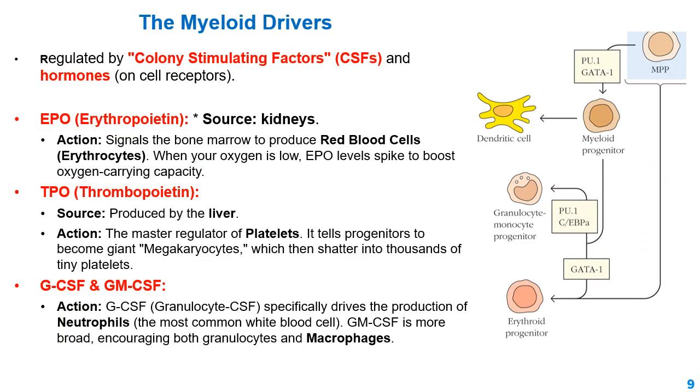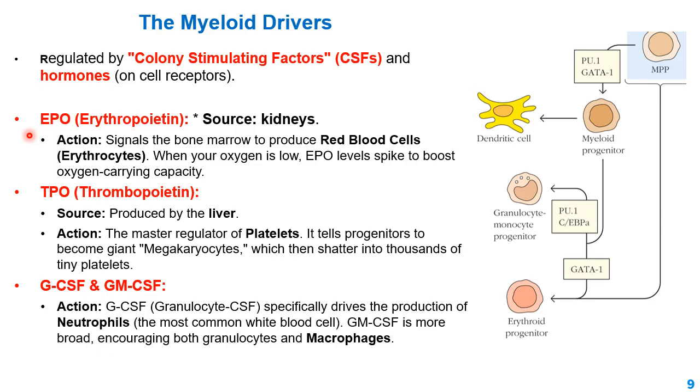Now let's say that this MPP cell wants to take the myeloid path. What's going to happen here in the bone marrow is that you have further messages that got there because they came from the blood. Some of these messages are hormones. So what is a hormone?